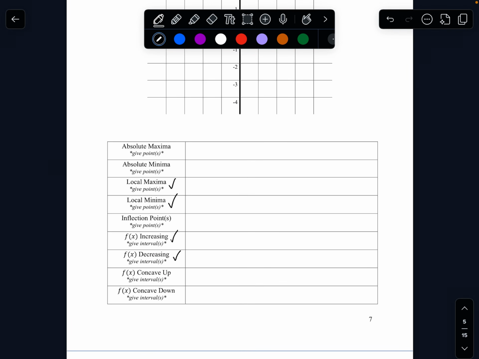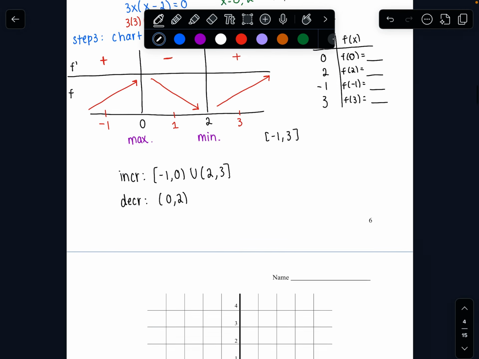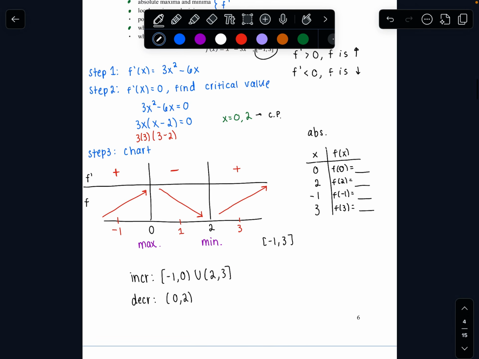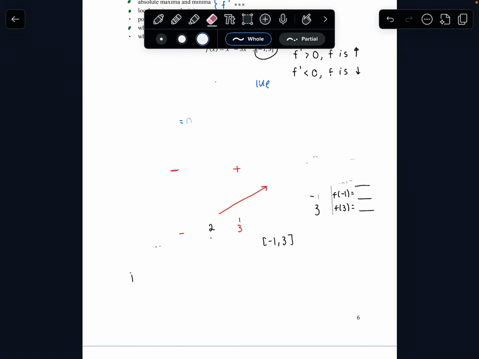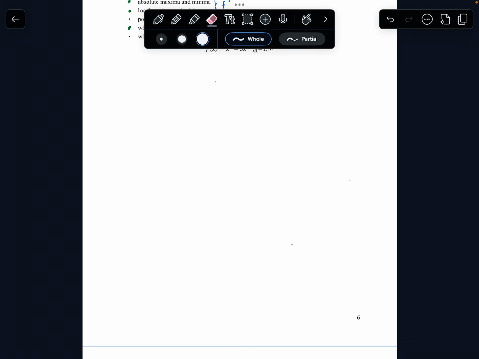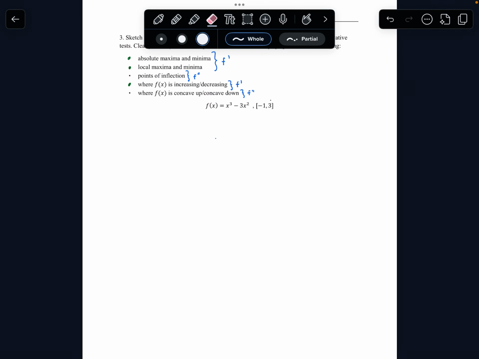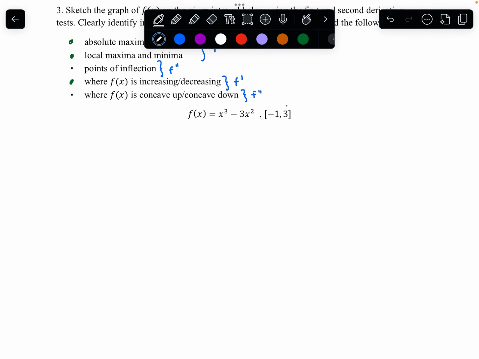What's left? Inflection points and concave up and concave down. Well, we're going to do the same exact thing that we just did, but with the second derivative. Okay? So let me erase this. Okay, close enough. Okay, so what was our first derivative? Our first derivative was 3x squared minus 6x.